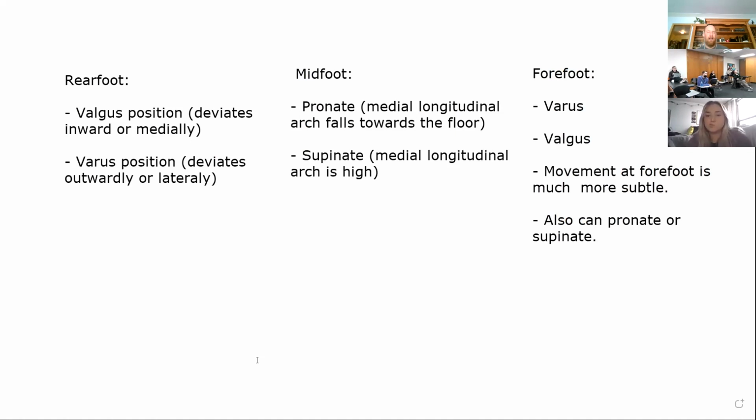How many tarsals do I have? 7. Okay. What 2 bones make up the rear foot? Very good. What tarsal lies directly behind, or directly proximal to the first cuneiform?